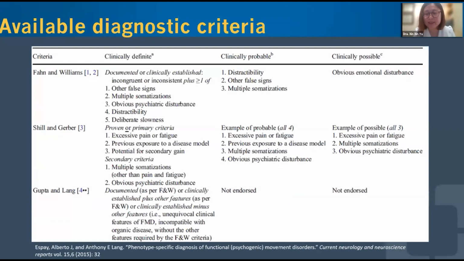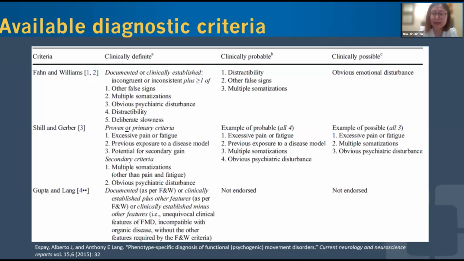Schmerler and Gerber criteria added additional items that they propose may replace the need to identify a movement disorder as inconsistent. Those features include excessive pain, fatigue, exposure to a disease model, potential for secondary gain or multiple somatizations. However, as you may imagine, this also has created some concerns for potential misdiagnosis if we take out the inconsistency criteria.